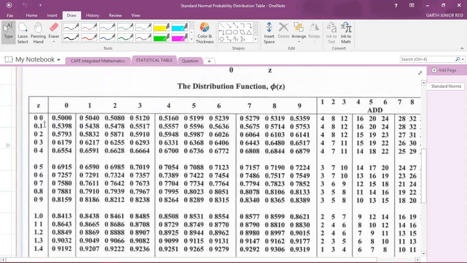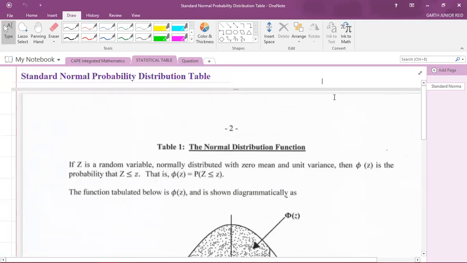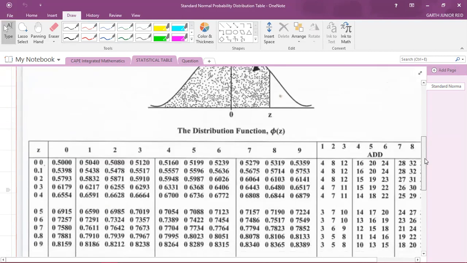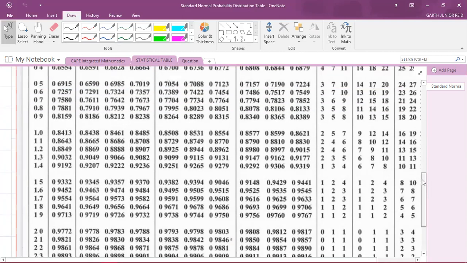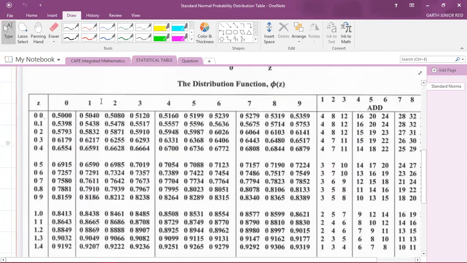So I will have to locate 2.09 here. Let's locate 2.0 in the Z column. Let me scroll down. Yes, here we have 2.0, and if you look at the top here, you have 0, 1 to 9. I want 2.09, and 9 is in the last column here.